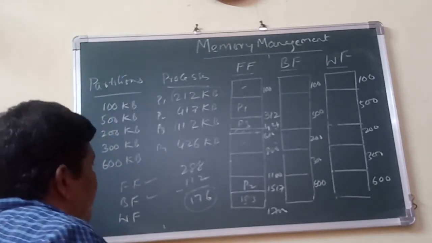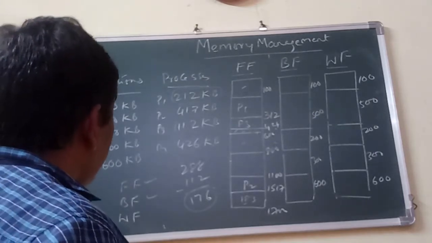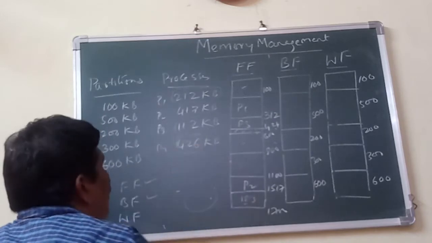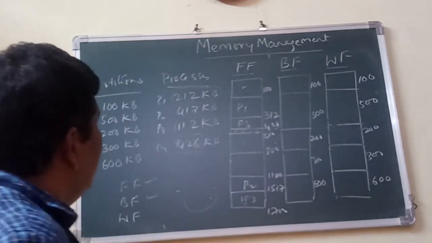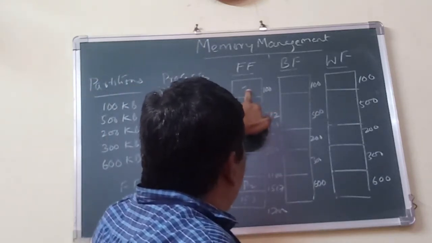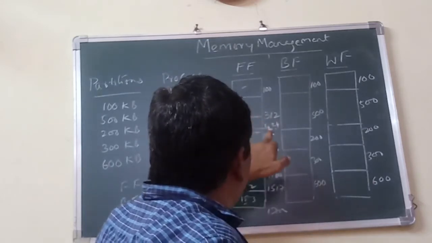Now the next process, P4, requires 426. The first partition is of size 100, and we cannot accommodate 426 in it.